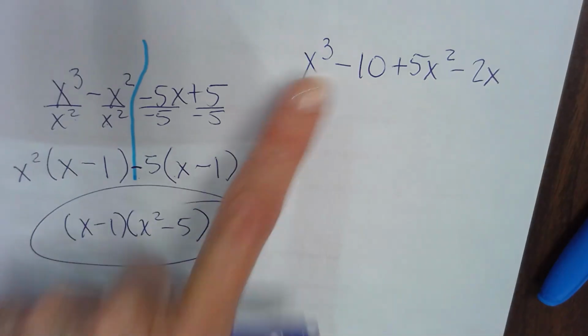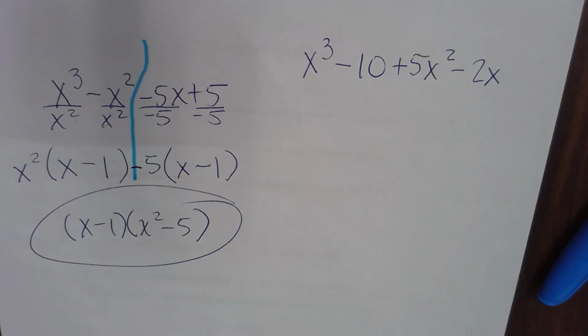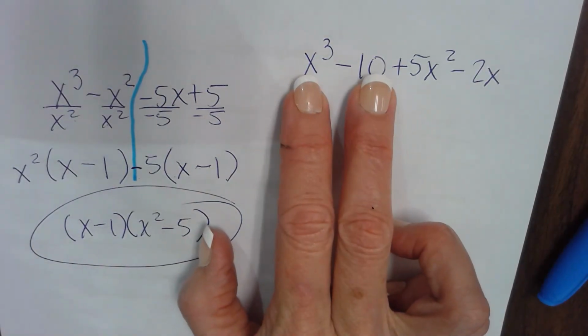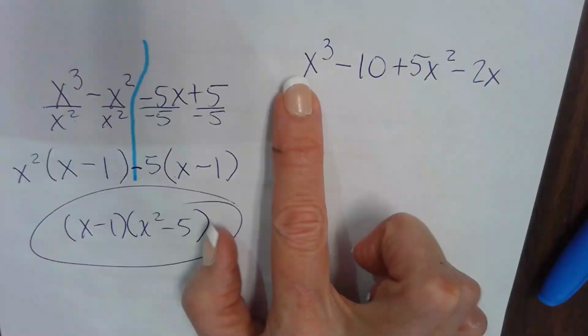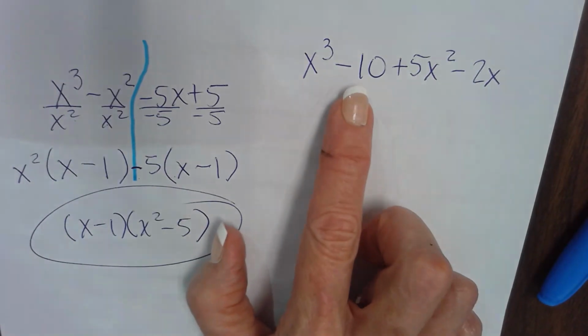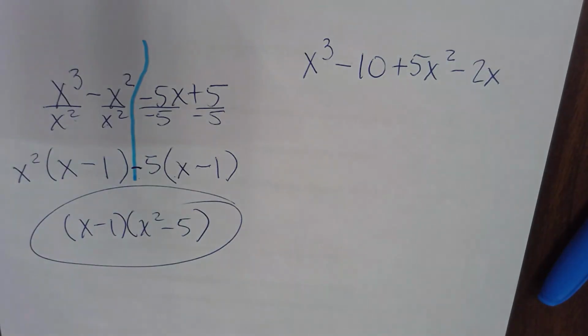So I'm going to let you guys regroup. And by the way, they can be regrouped two different ways and still work out. So I want you to regroup them. In other words, instead of having these two together, I want you to group this with something else, and group this with something else. So rewrite it, regrouping them together.